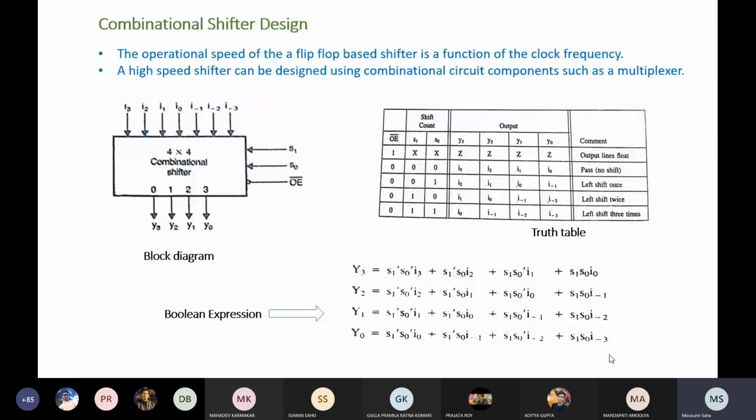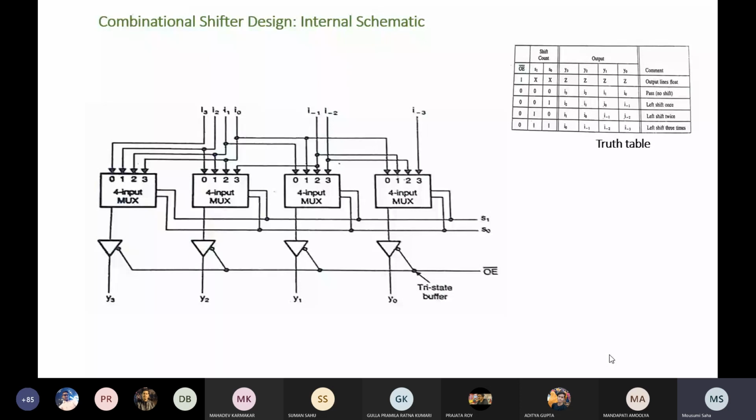Now these expressions y3, y2, y1, y0 are basically the multiplexer. We have the external inputs I0, I1, I2, and I3, for S1 S0 equal to 0 0. At that moment, I3 is connected to line 0 of the first multiplexer, I2 is connected to line 0 of the second multiplexer, I1 is connected to line 0 of the third, and I0 is connected to line 0 of the last multiplexer.